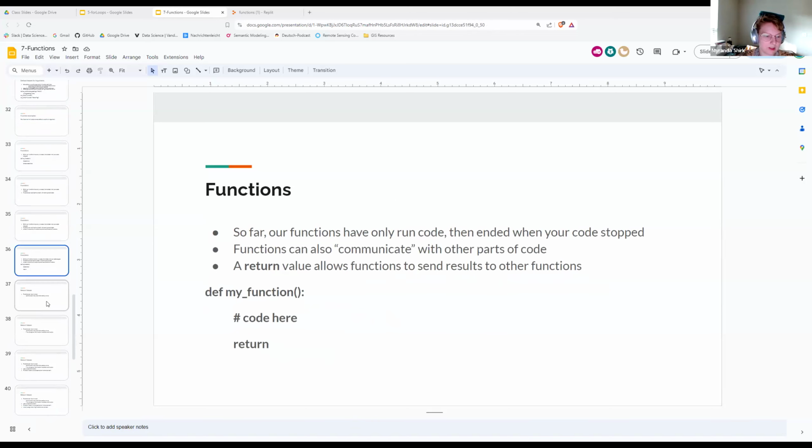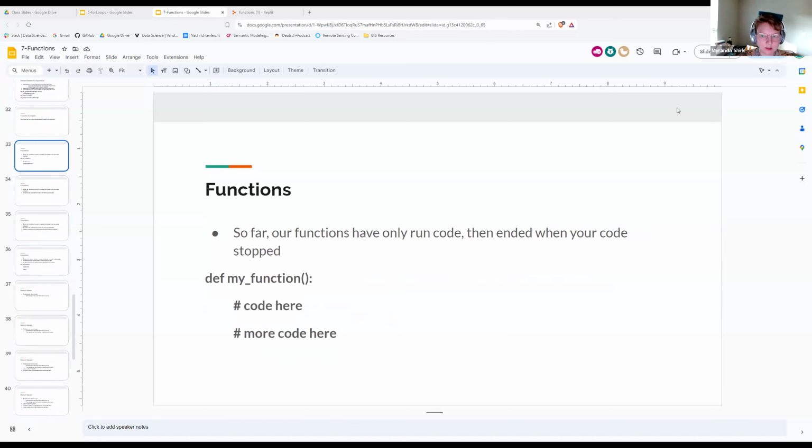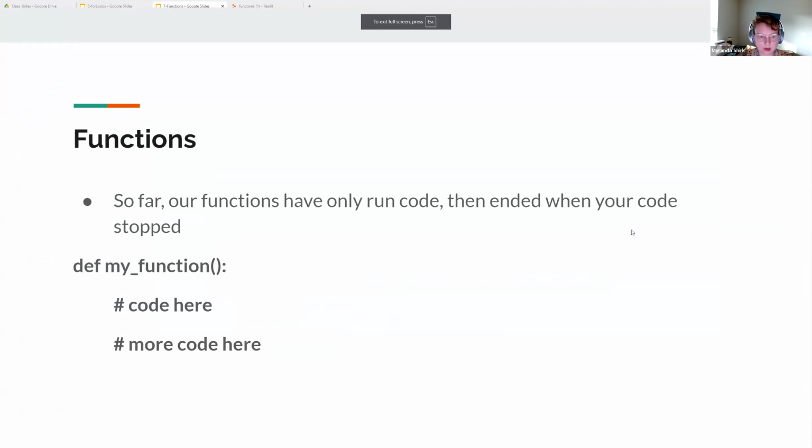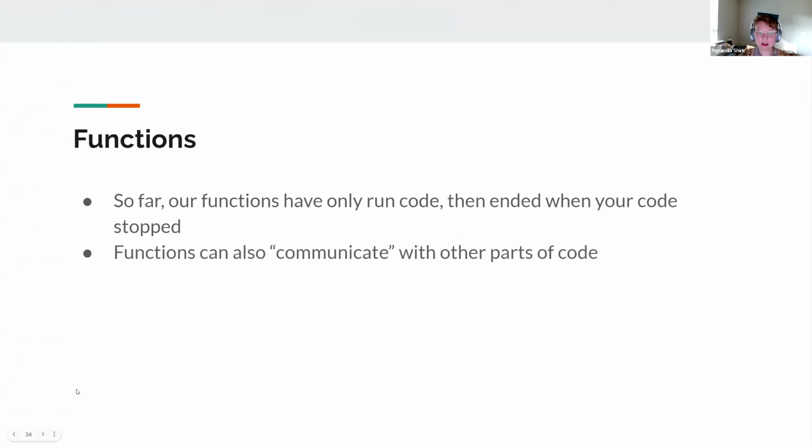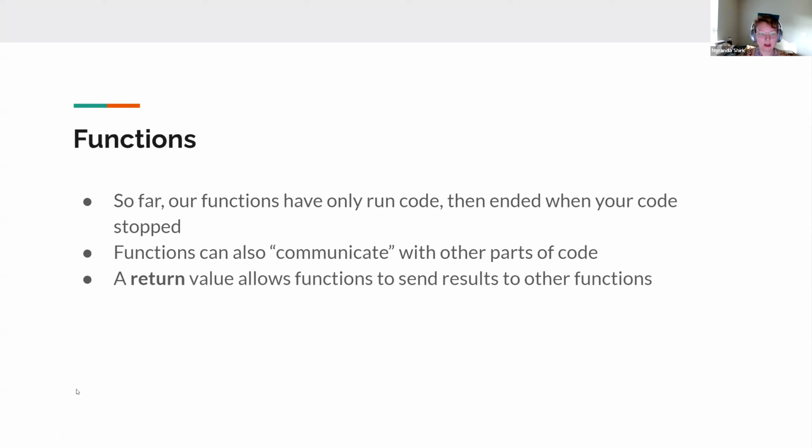Okay, so one more thing that I want to show you before our class ends is that so far our functions have only just run code and then ended when the code stopped. But we can make functions communicate with other parts of code by adding a return value.